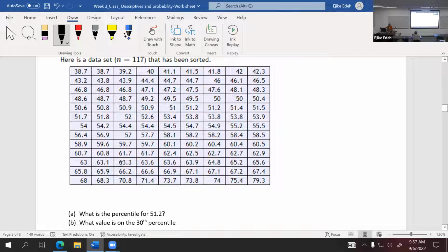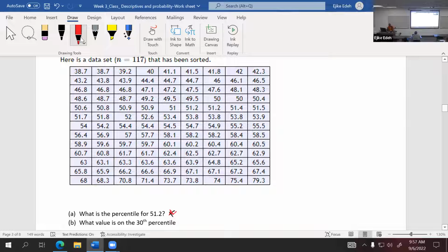Of course, when the data set is very large, counting becomes somewhat tedious, right? But this example is meant to emphasize the first part. The second part is just like what we did over there, but it's no longer Q1, Q2, or Q3.